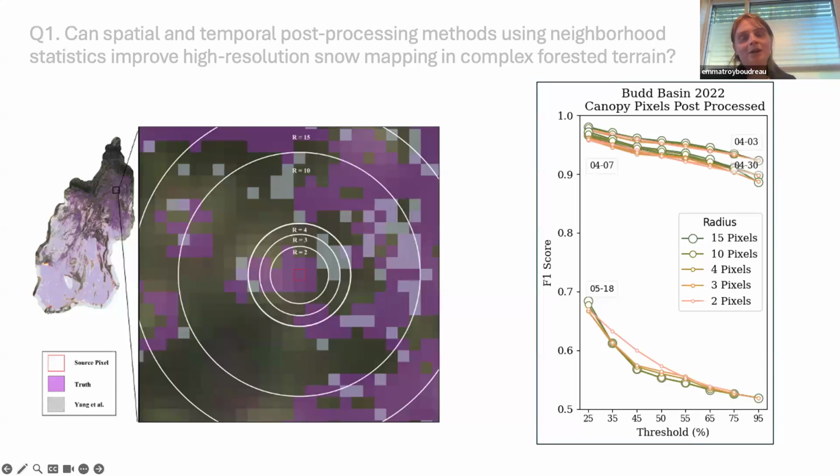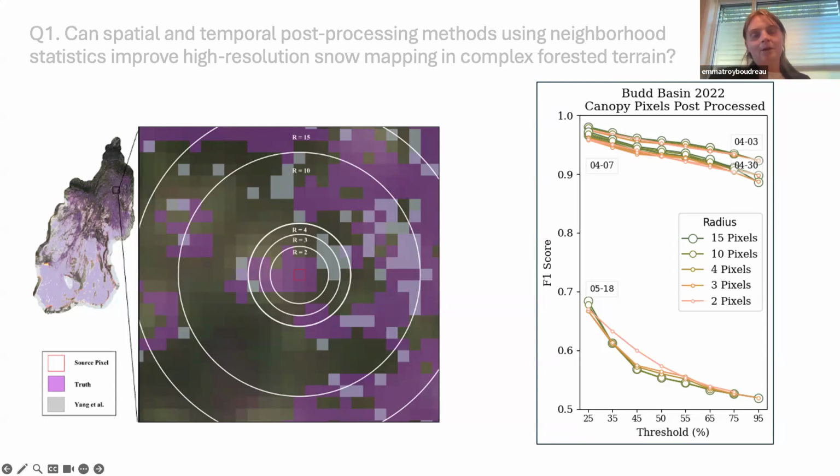And because we were unclear which radius size was the best to pick, we looked at our basin and thought about, okay, with the density of our canopy, how big are these forest gaps that we might actually capture if there really is snow in the forest.